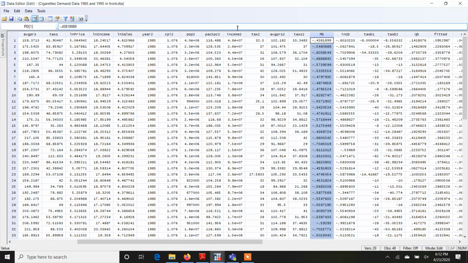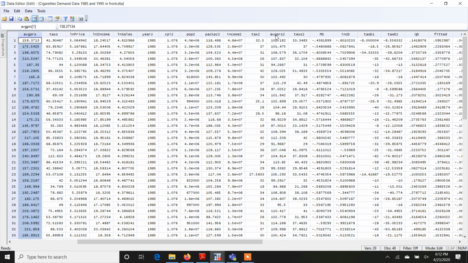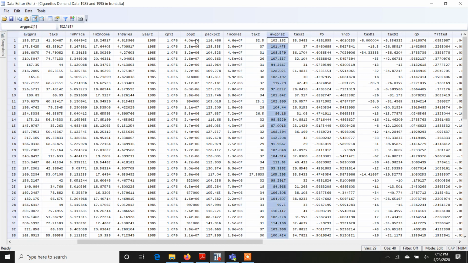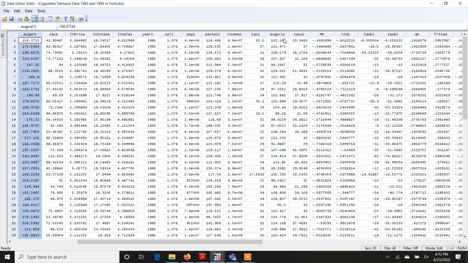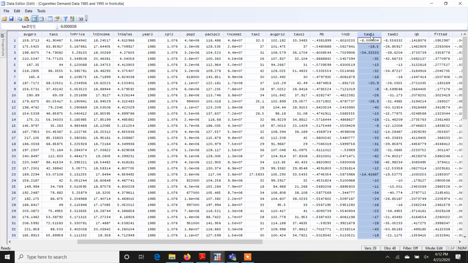PD is equal to the average price of this one minus the average price of this one, the tick one. So this is the price for 1995, and then we have the price for 1985. That's how I've calculated PD, income D, tax D1, tax D2.